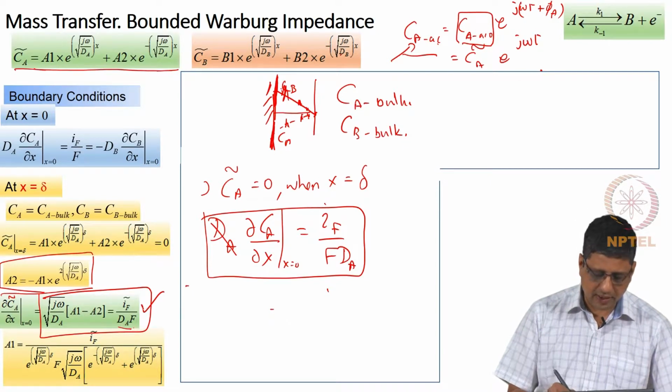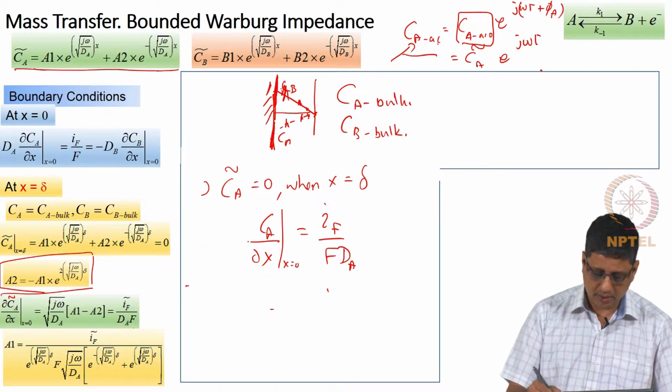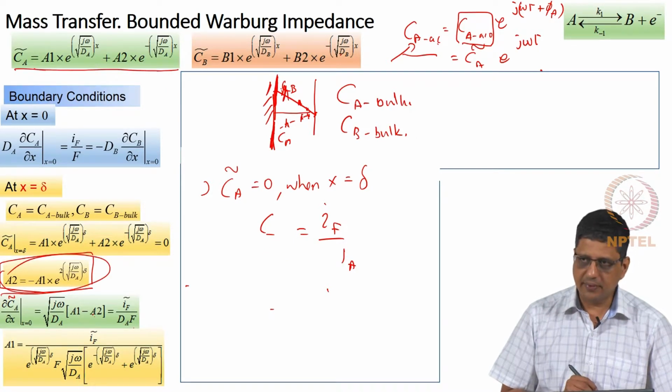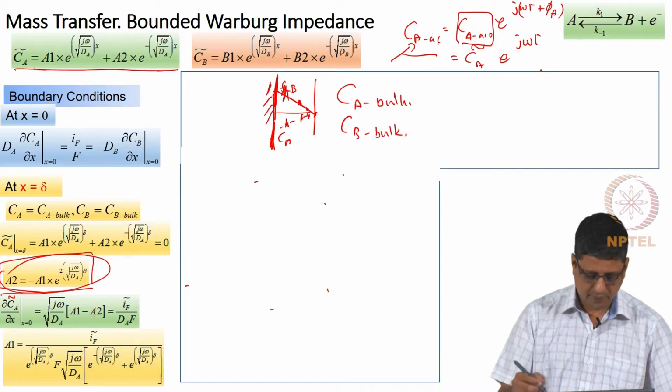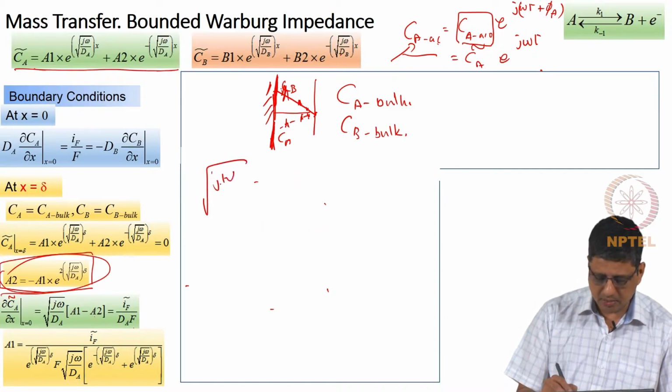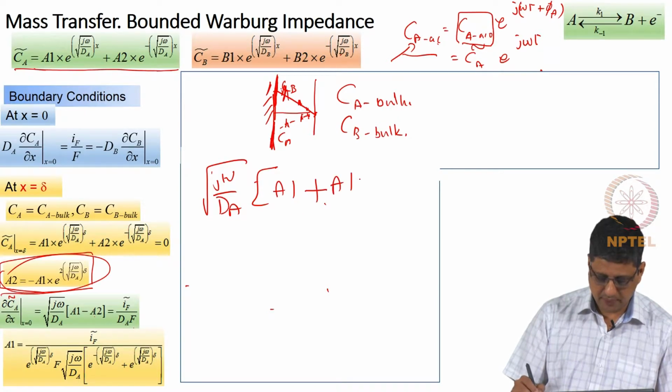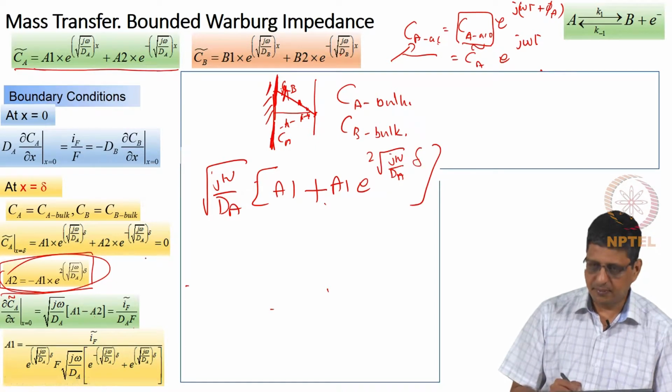Okay. Now look at this, I am still keeping it, this is there. Now if I want to find the value of A2 or A1, what do I do? I take this equation and substitute it here. What would I get? I am going to write square root of j omega by dA A1, minus, this is correct, because instead of minus A2 I would write it as A1 e power 2 square root of j omega by dA delta.